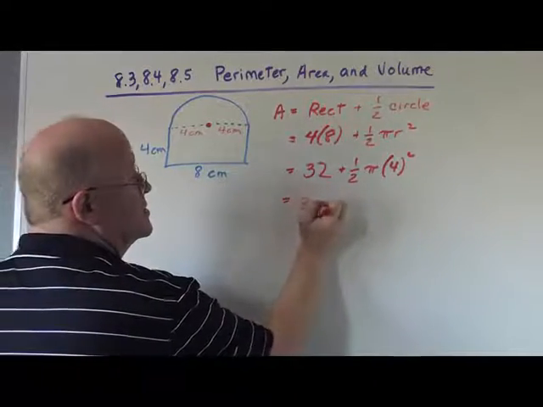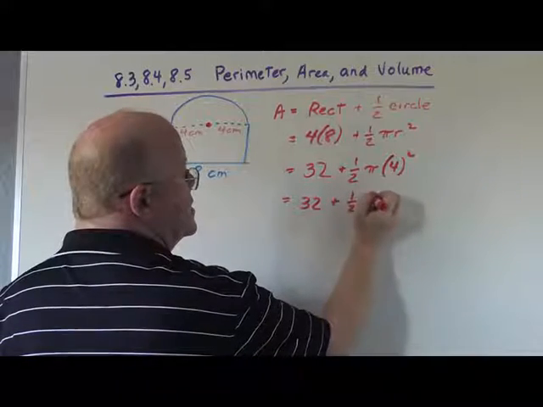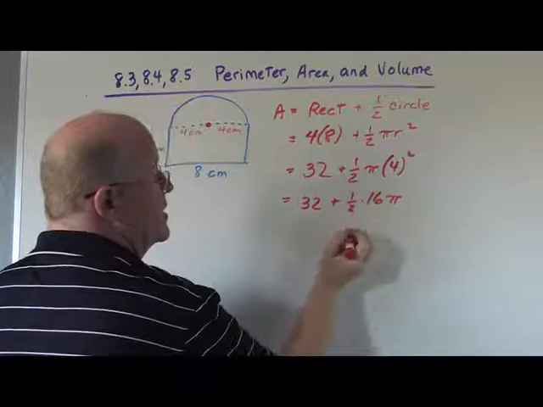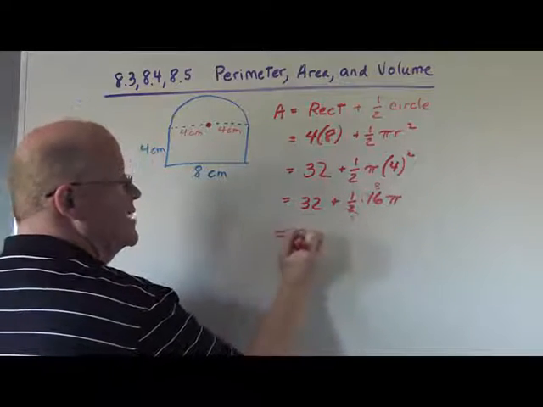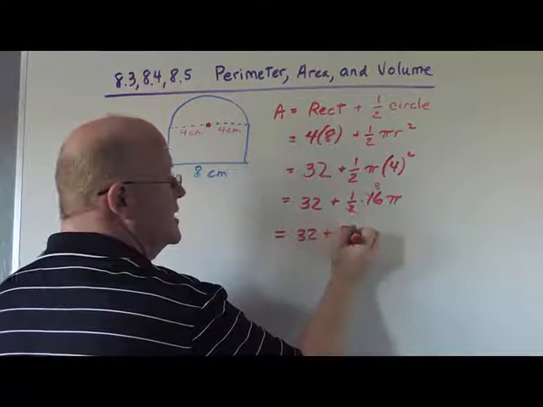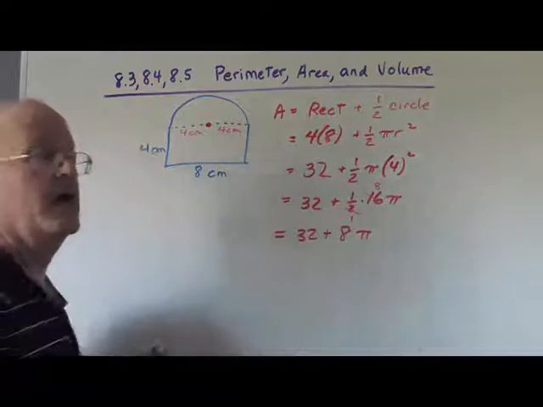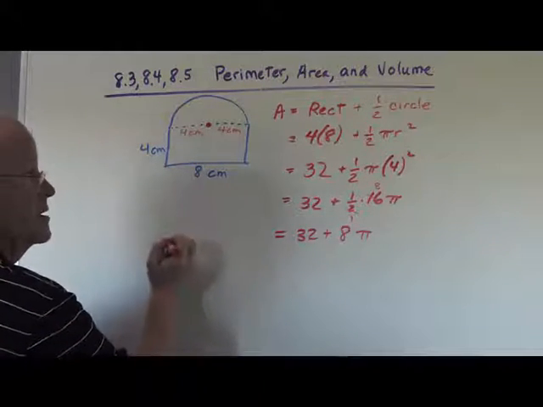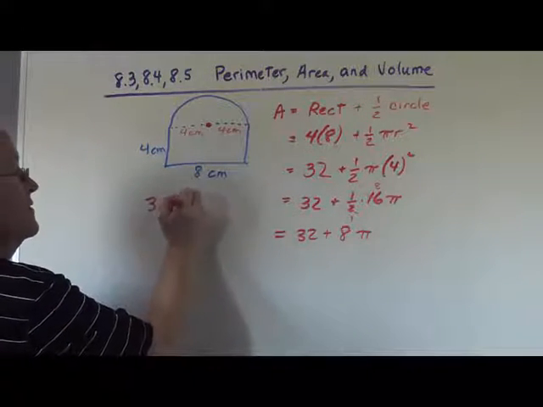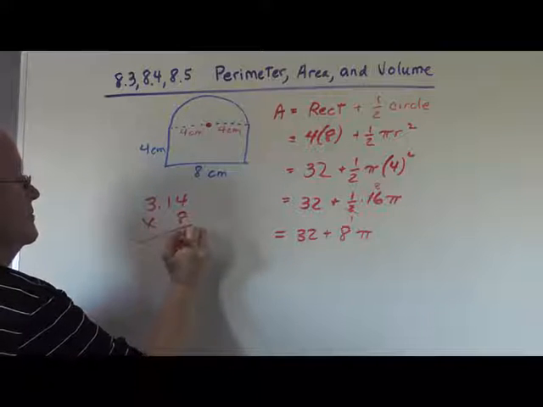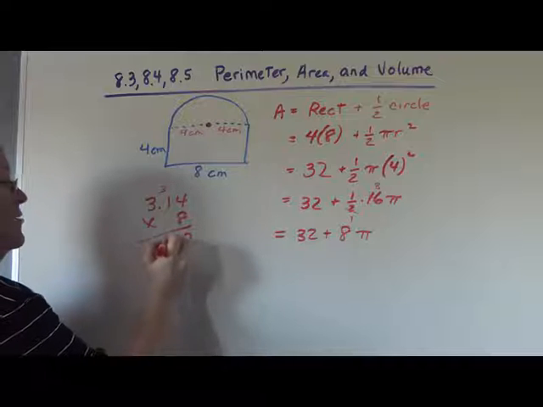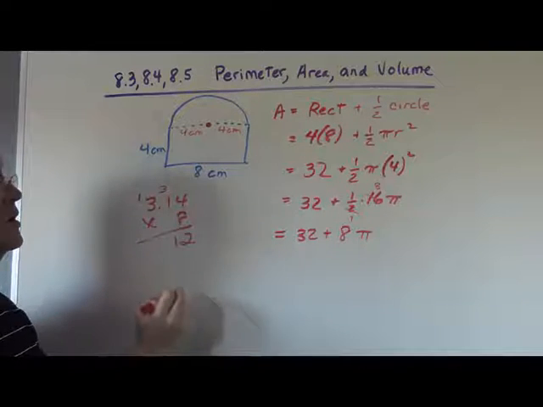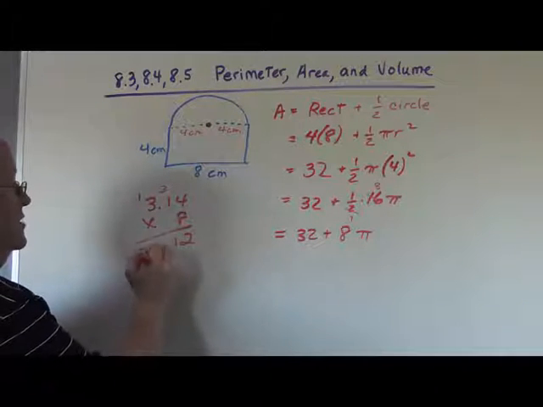So this is 32 plus 1/2 times 16 pi. 1/2 times 16 is going to give us 8. So we have 32 plus 8 pi. Now that 8 pi, if we need an approximation, 3.14 times 8. 32, carry our 3, 8 times 1 is 8, plus the 3 is 11, carry the 1, 24 plus 1 is 25.